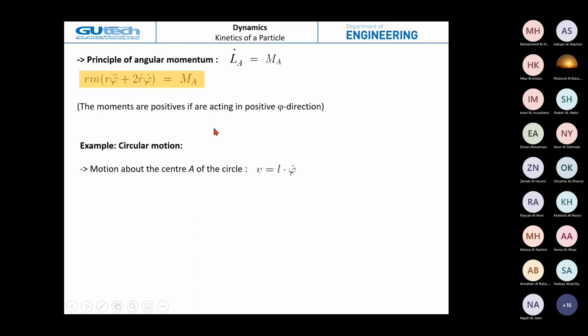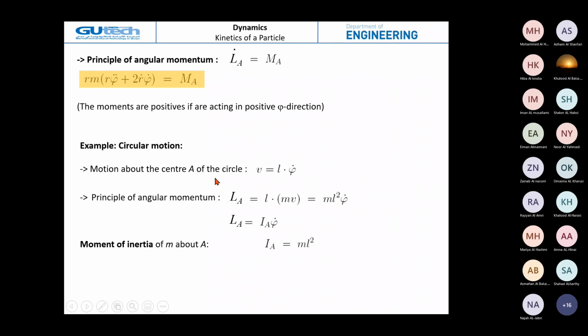Now we take the example of circular motion. Circular motion means there is motion about the center A of the circle. Then we have v equals l phi dot, which is the expression of the velocity. For the principle of angular momentum, L_A is l m v, and v is l phi dot, so we have m l squared phi dot.